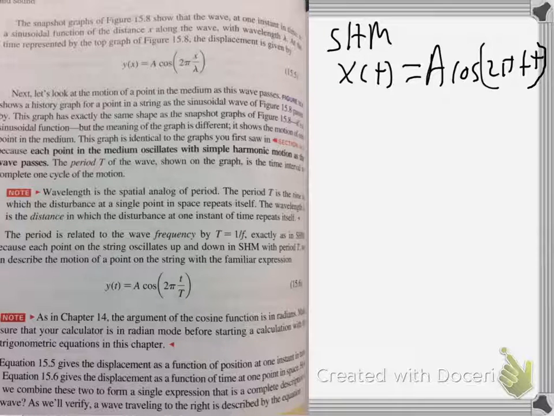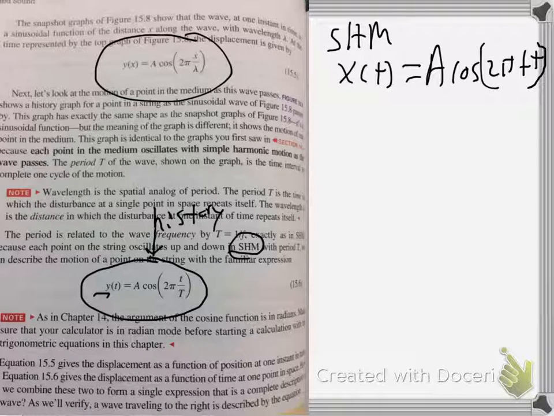So what I want you to look at here is the graph of just a history graph. And you can read this in your book. But look, this is exactly like the simple harmonic equation, except it is describing particularly the height of the wave. So this part looks familiar. And this one comes from this snapshot.